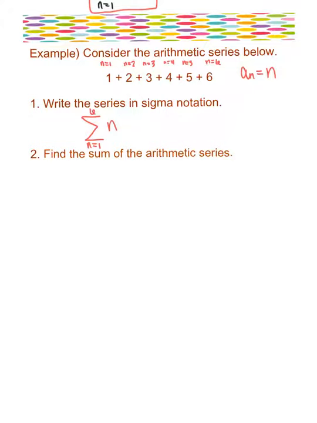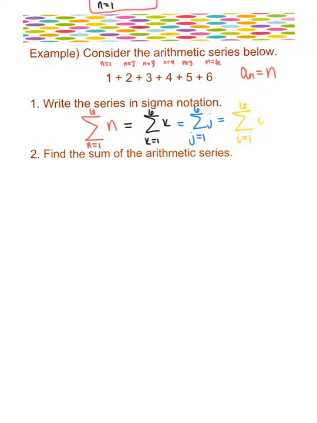Now I have a question. Is this the same series as k equals 1 to 6 of k, and j equals 1 to 6 of j, or even i equals 1 to 6 of i? And the answer is yes.